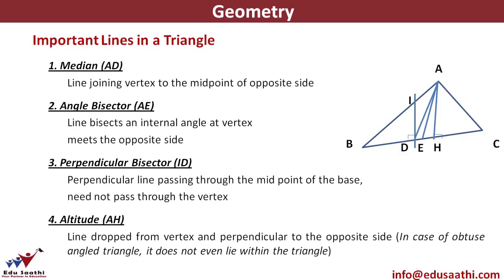AE is a line which is bisecting the angle A. It is not at the midpoint. This angle and this angle would turn out to be equal. The perpendicular bisector would be ID because it is perpendicular to the base and bisecting the base. It is not passing through the vertex. Altitude is always from the opposite vertex perpendicular to the base.